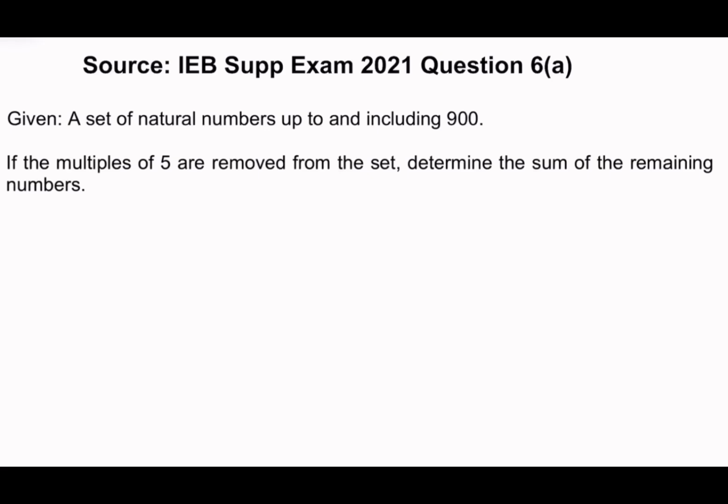Okay, so we have the set of just the natural numbers 1 to 900, and we imagine that we remove the multiples of 5, and then we have to determine if we add up the remaining numbers, what would be the sum?